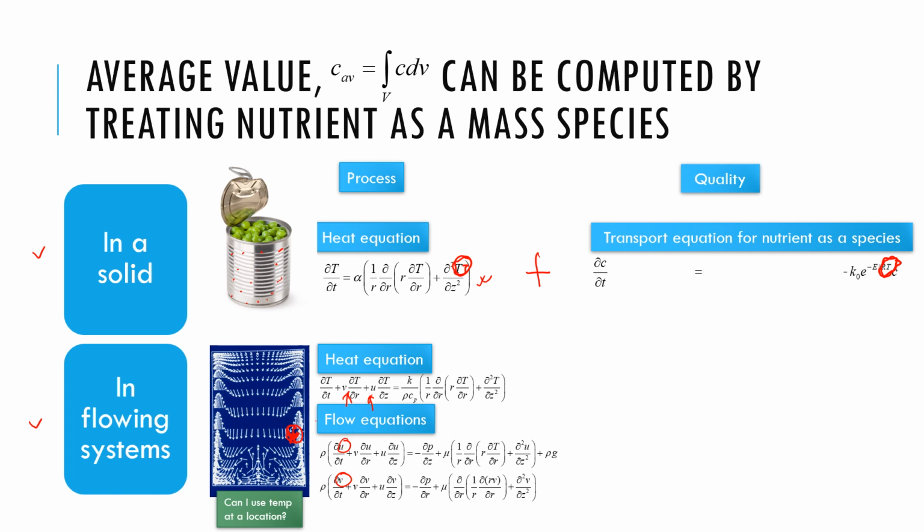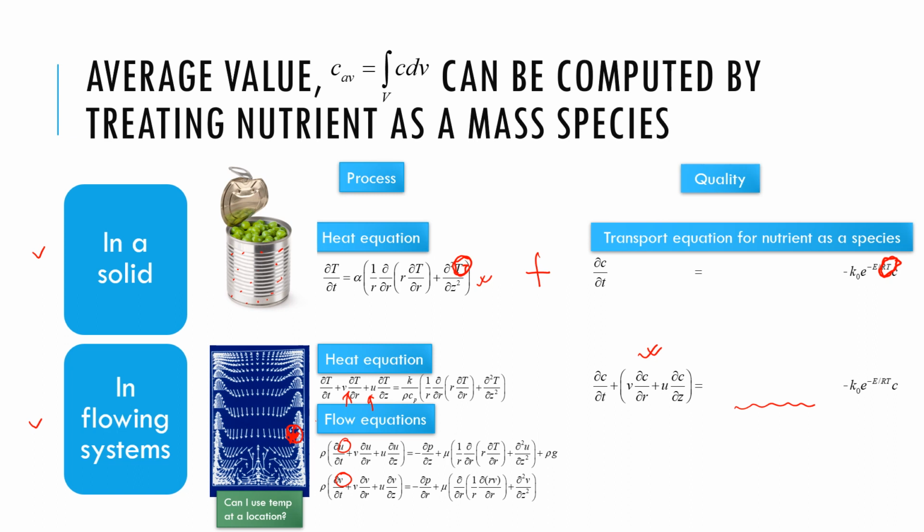So the quality here, again, we will start from the species equation, and in this case I have dropped the diffusion term here. That one has been dropped, but I cannot drop the flow terms in this case because fluid is indeed flowing.